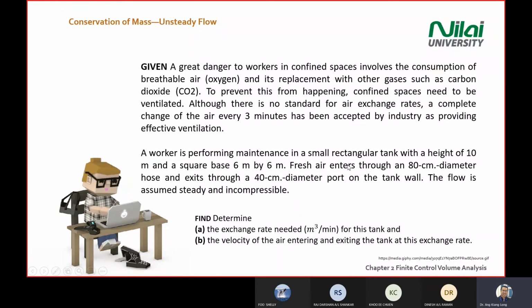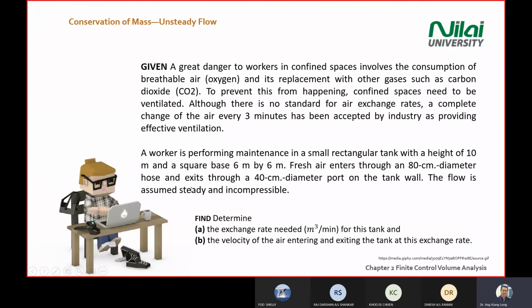Then fresh air enters through a duct or a hose. The fresh air will be pumped into the volume through a hose of 80 cm diameter and exit through a 40 cm diameter port on the tank wall. The flow is assumed steady and incompressible.